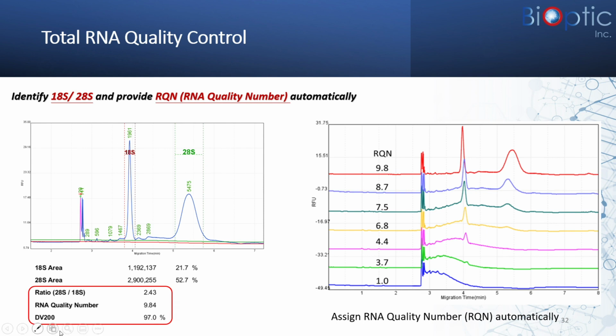QSAP can provide the ratio of 28S and 18S, as well as auto-assign the RNA quality number, RQN number, for users after analysis. In the right picture, we can see the RQN number decrease when the degraded level of RNA increased.